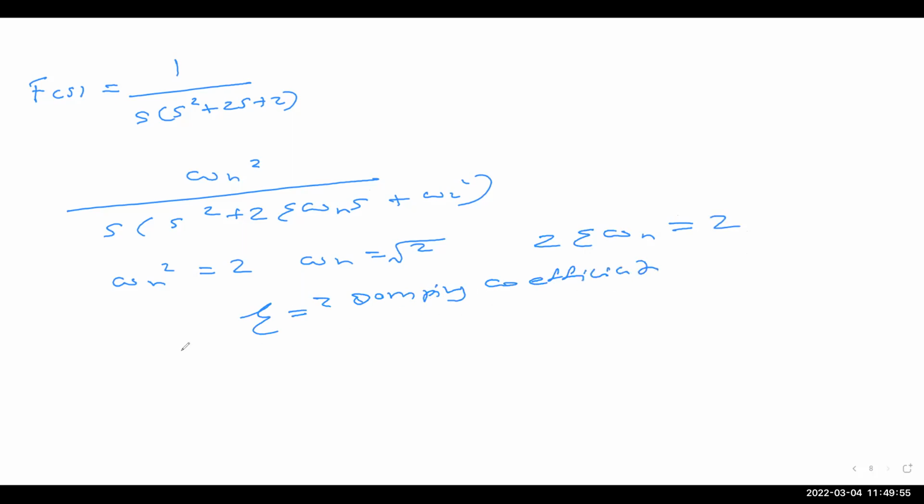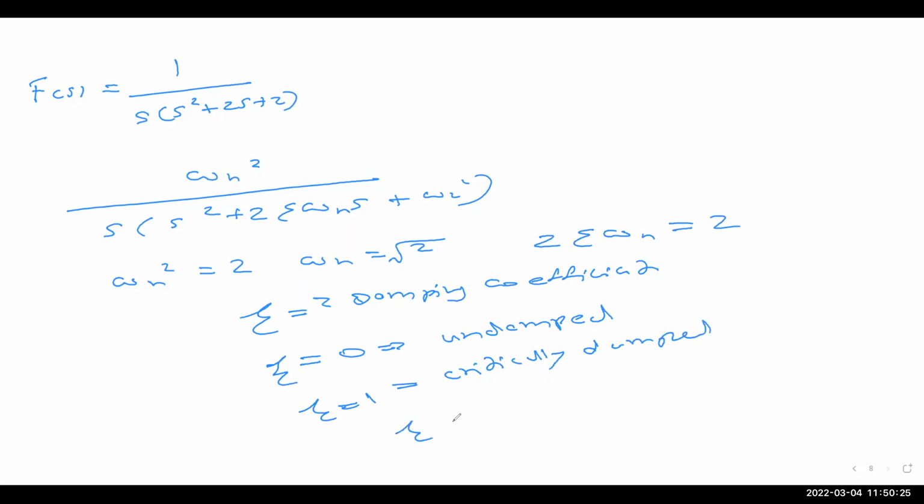It lets you know whether it's underdamped, overdamped, or critically damped. If zeta is equal to 0, we call this undamped, there's no damping. If zeta is equal to 1, we say critically damped. And if zeta is less than 1, we say underdamped. Just keep that in mind, what zeta means.